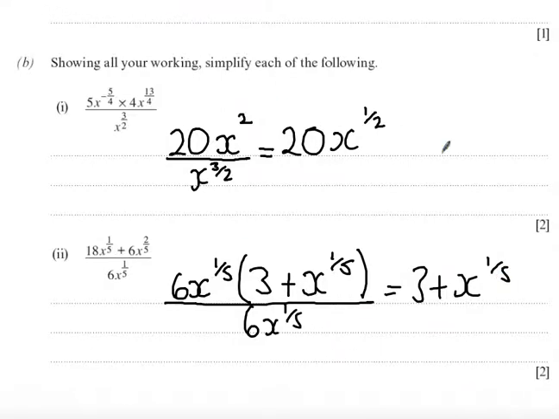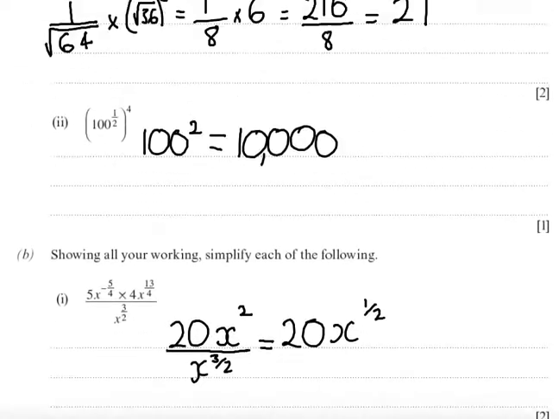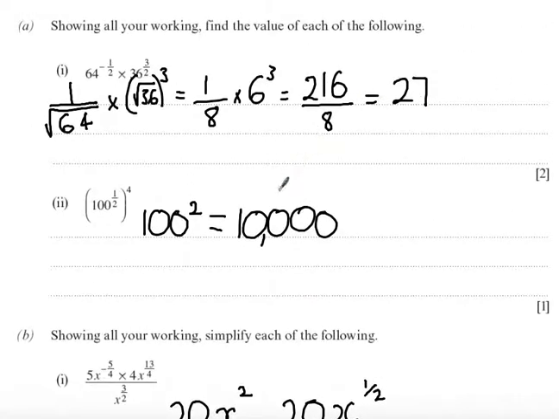Okay, let's have a quick look at the marks awarded in this question. So in the first part, we get B2 marks for getting to 27, but we do need to see some working here. You can get 1 mark if you've seen either the 8 or the 6 to the power of 3.